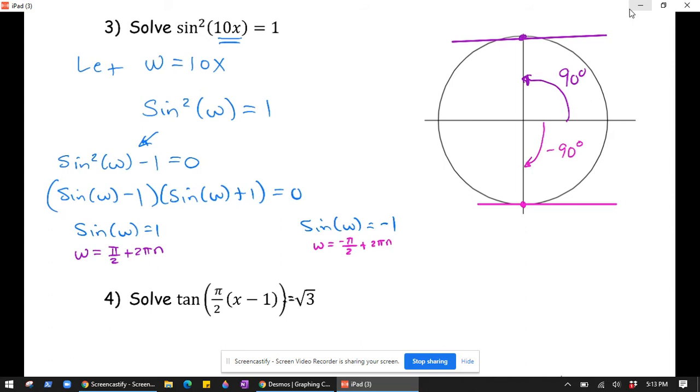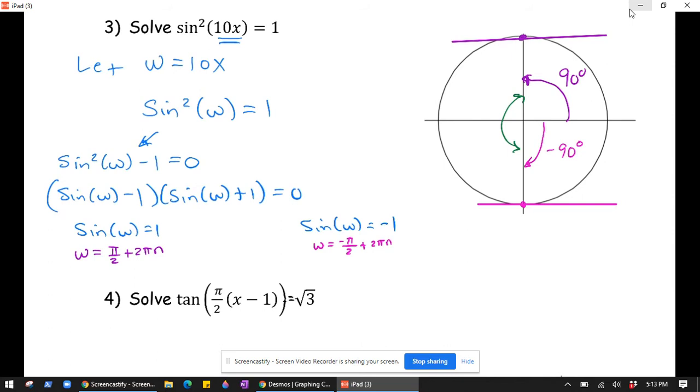Interestingly enough, you could actually write the equations as, you could just say w equals pi over 2 and then add multiples of pi, because don't you see how the answers are spaced 180 degrees apart? You basically have two families of solutions, the purple and the pink, and they're spaced pi radians or 180 degrees apart.